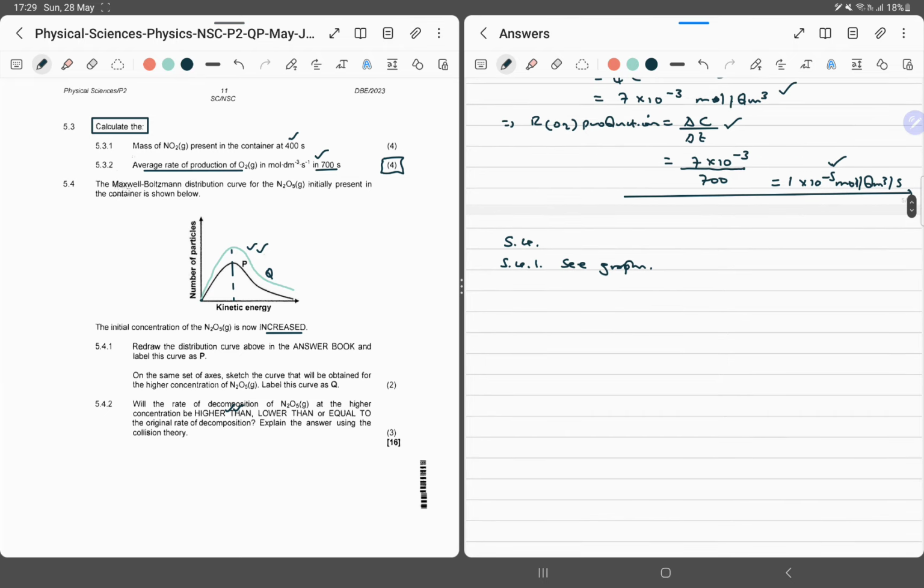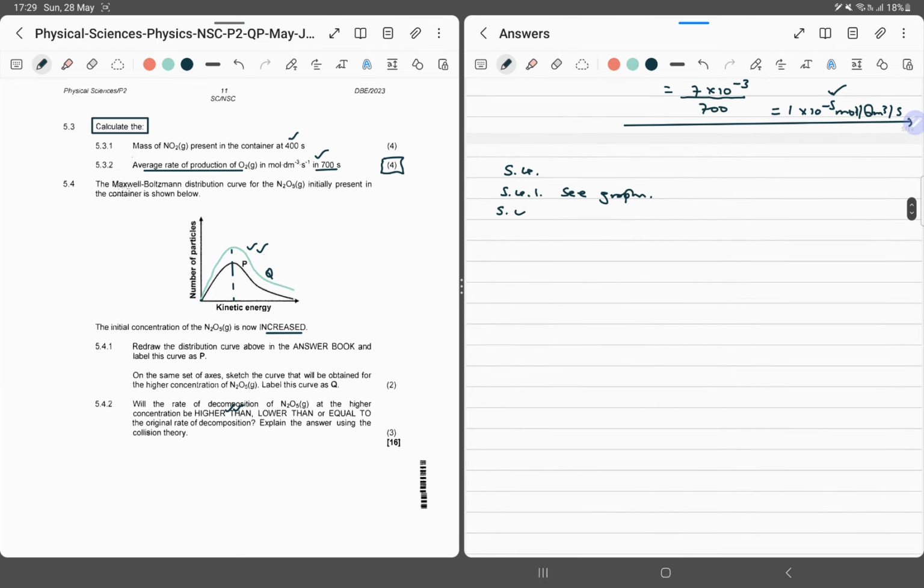So, 5.4.2, it has to be higher than, right? Because there's more molecules, then there's going to be more regular.